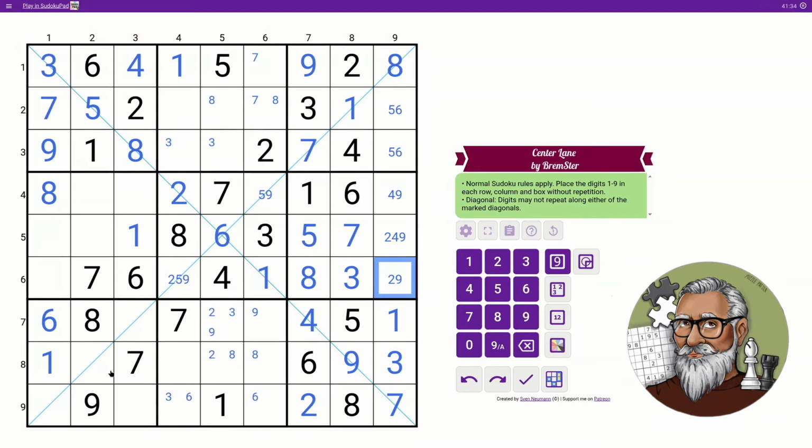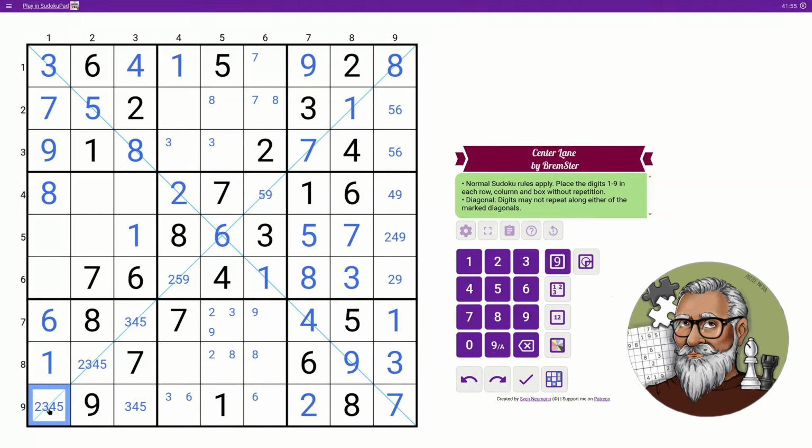How do I continue still? Well, I can pencil mark those, right? What are these? If we just look at the box, they're 2, 3, 4, and 5, right? Now these aren't 4, and they aren't 2 either.